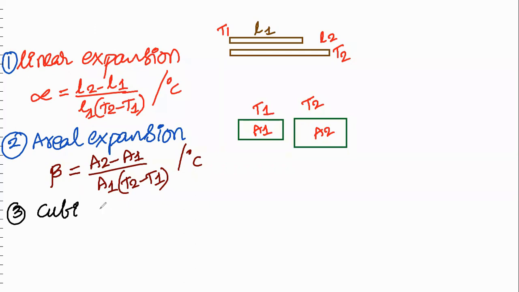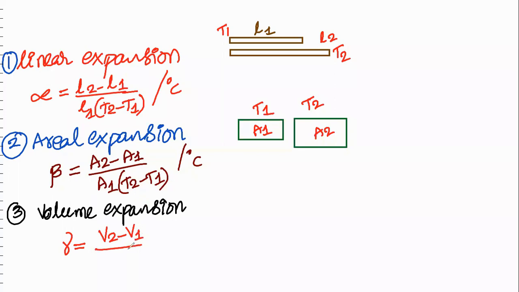The coefficient of volume expansion, gamma, is equal to the volume (V2 minus V1) divided by V1 into (T2 minus T1). This is the volume, a cube if I take it.